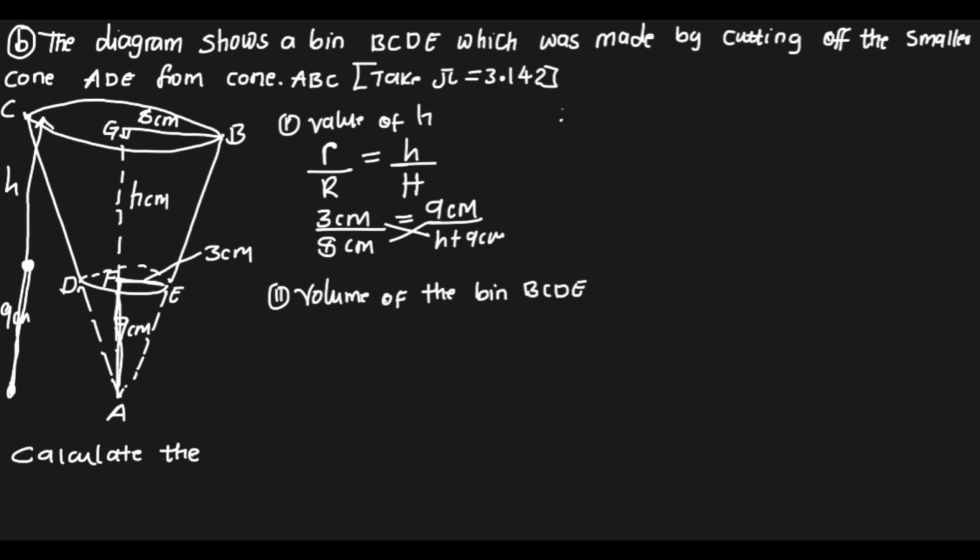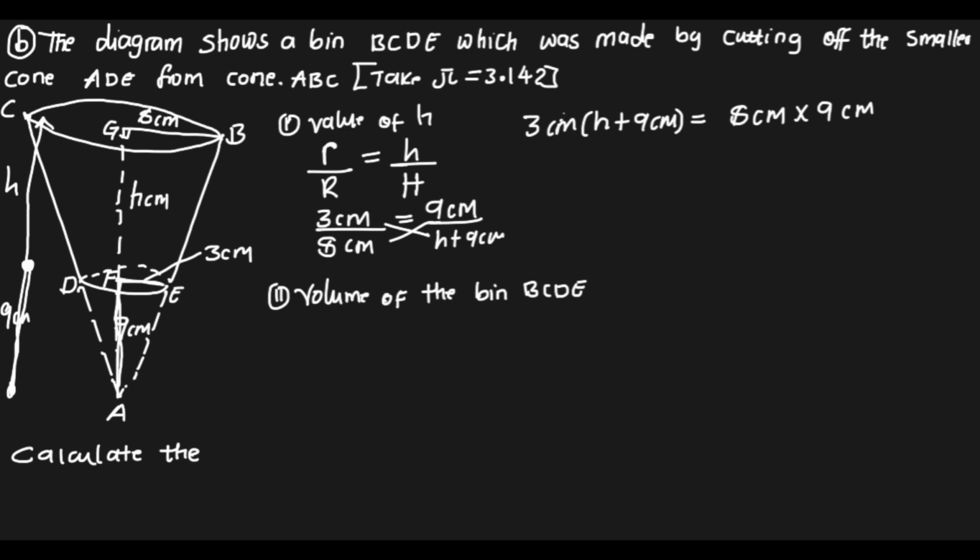So here we have 3 centimeters, we multiply by h plus 9 centimeters. Then here we have 8 centimeters times 9 centimeters. Okay, so if we want, we can expand or we can just divide by 3 and get the same answer.